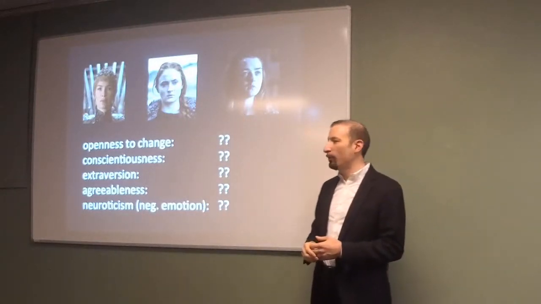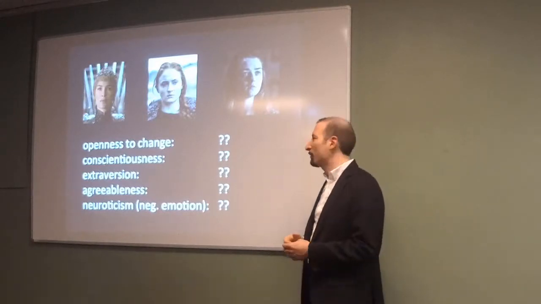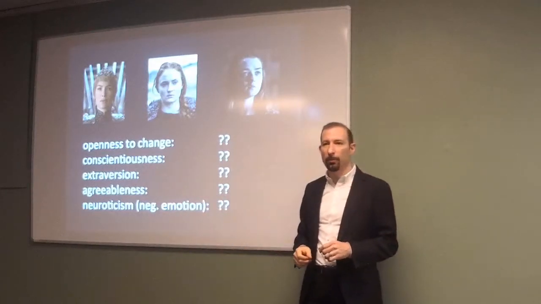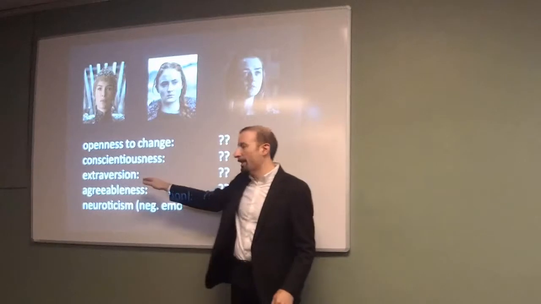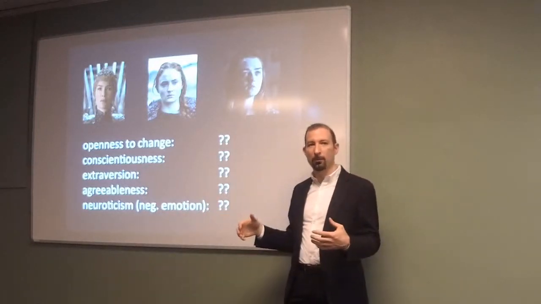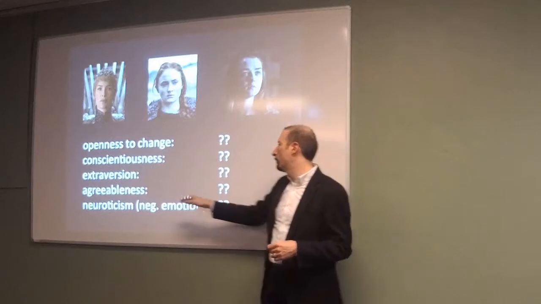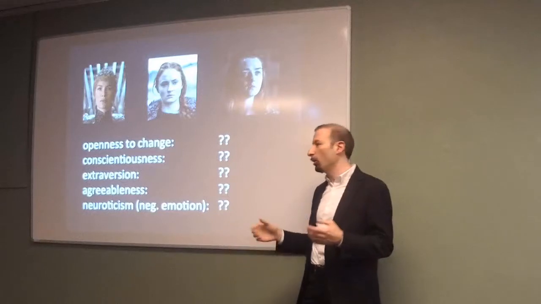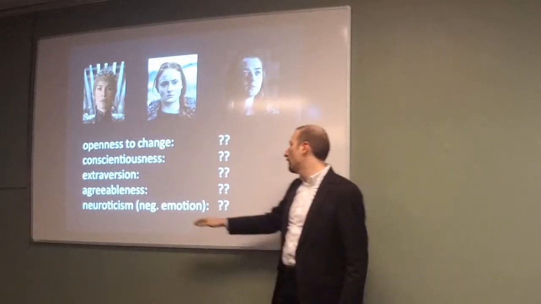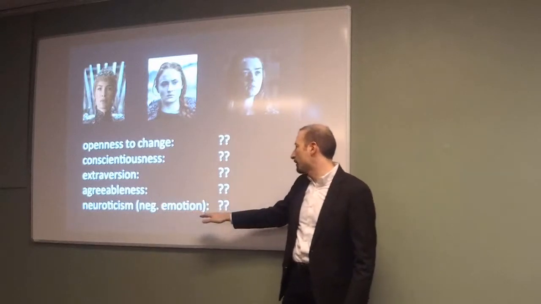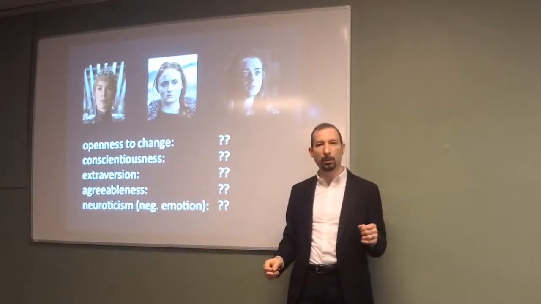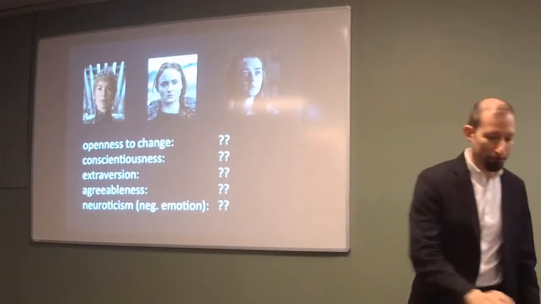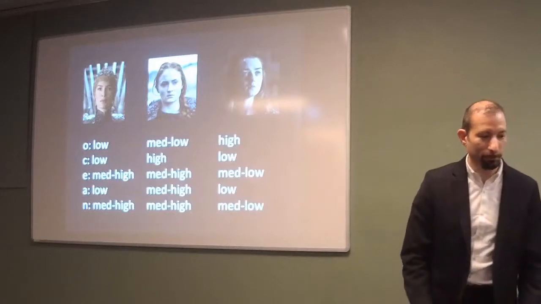So again, think about who's open to change, who's an adventurer versus who's a homebody, who's high in conscientiousness versus low, who's detail-oriented versus not particularly organized, who is extroverted, a people person, versus more introverted, who is high in agreeableness, seeing other people's points of view and incorporating them into their worldview, versus low in agreeableness, it's their way first, and who is high in trait neuroticism, that is, the world affects them, and emotional pain really gets to them, versus low, and they're able to shrug off things that normal people would be crippled by. And here's how I scored them.